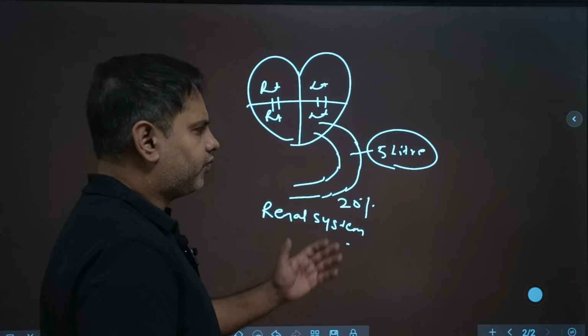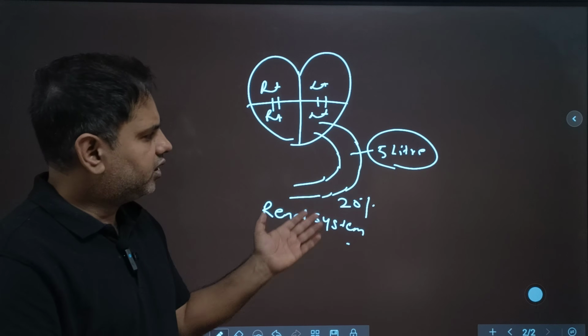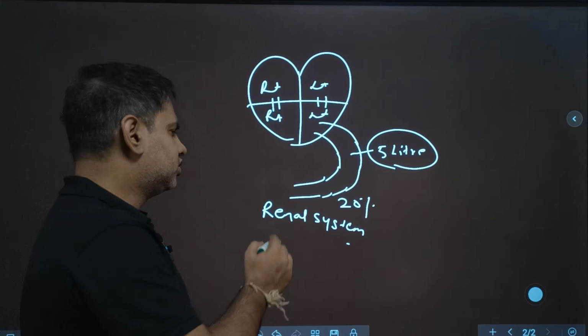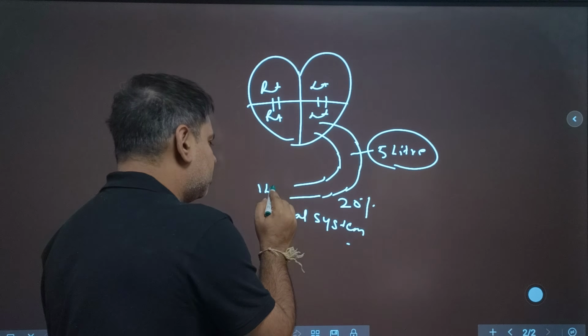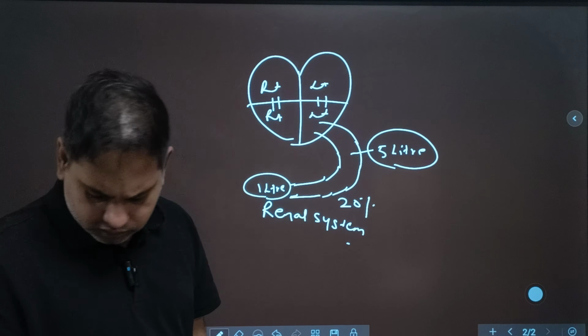So, 20% of 5 liters is how much? It's simple mathematics: 20% of 5 liters is 1 liter. So, 1 liter of blood is going to the renal system, right?